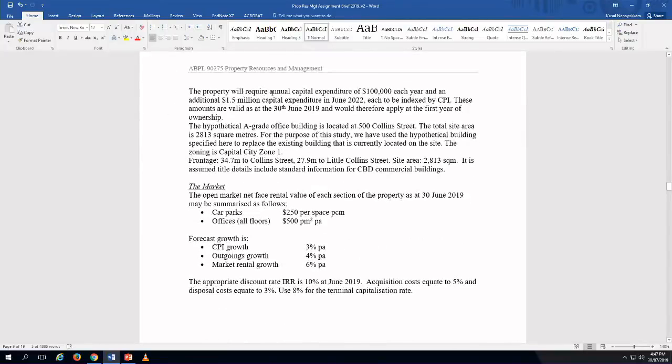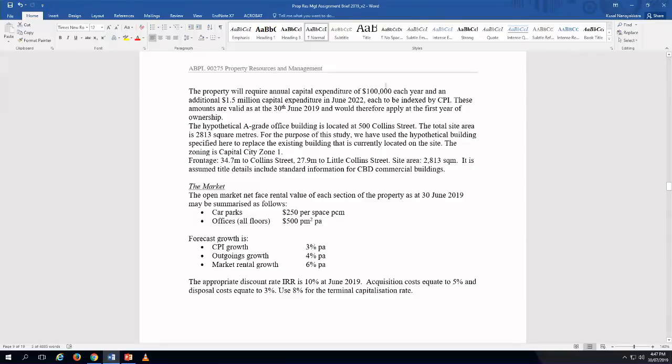The property will require annual capital expenditure of $100,000 each year and an additional $1.5 million capital expenditure in June 2022. Each to be indexed by Consumer Price Index. So this 100,000 is in today's value, 30th June 2019.